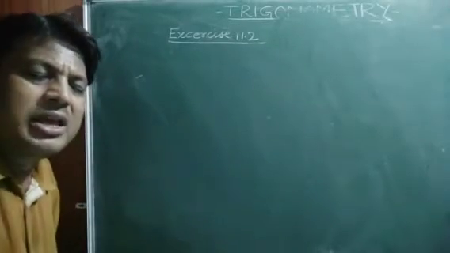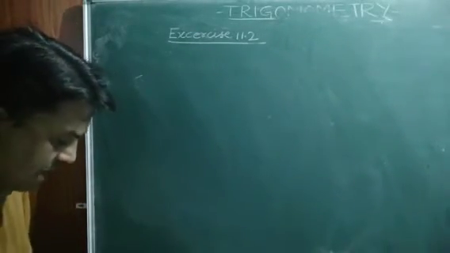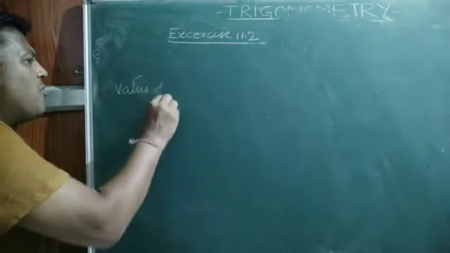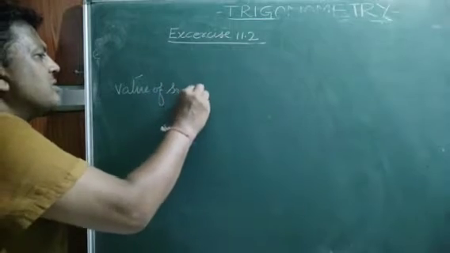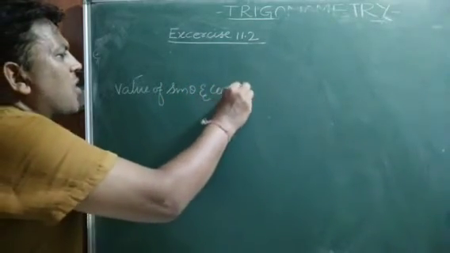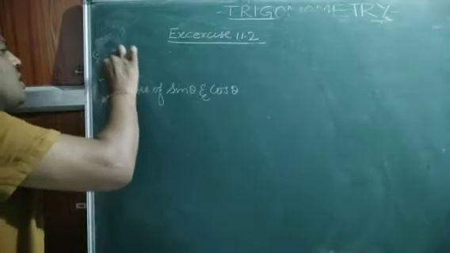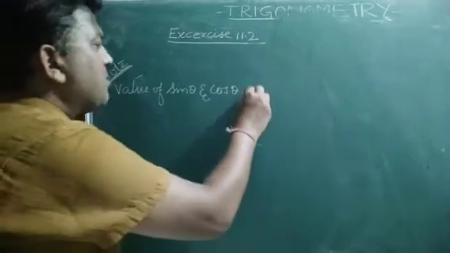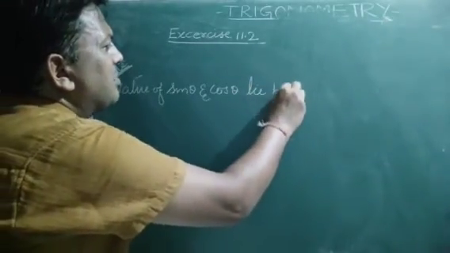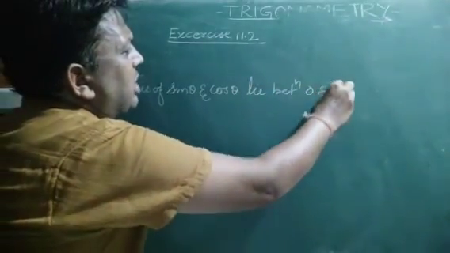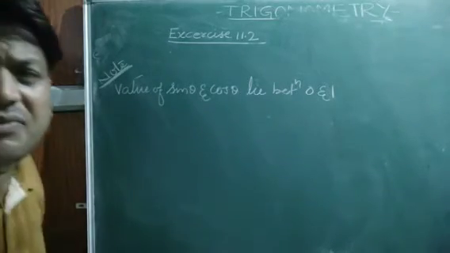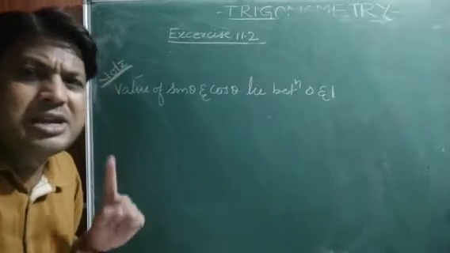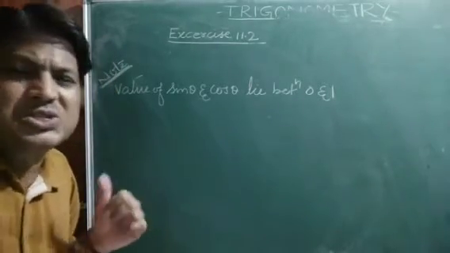One thing to be noted here, children: the values of sin theta and cos theta lie between 0 and 1. Means if you see the table, the value of sin theta starts from either 0 and ends at 1, or starts from 1 and ends at 0.